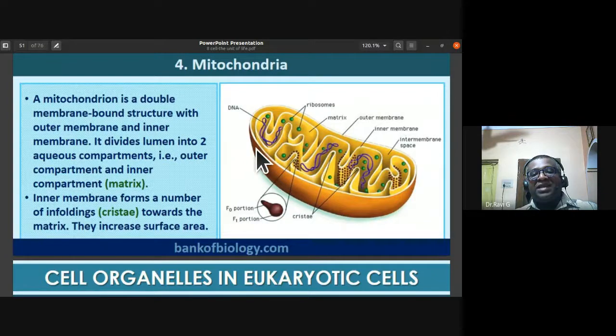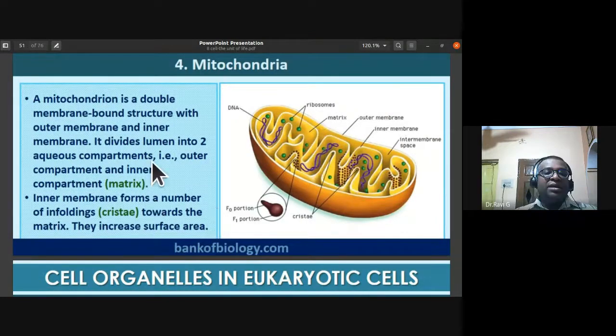It divides the space into two aqueous compartments, the outer compartment and the inner compartment matrix. This is the inner compartment matrix, and the outside part of it is the outer compartment.